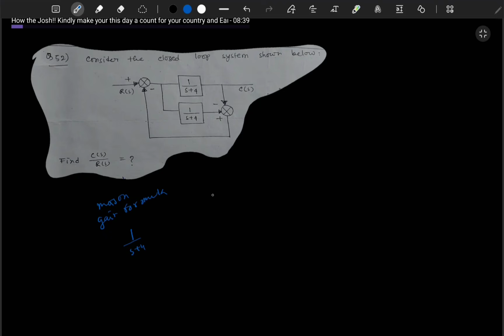So the forward path is 1 by s plus 4, and here the other path is 1 by s plus 4 minus s plus 4. This sign is very important, because of this the sign comes. So this is the answer.